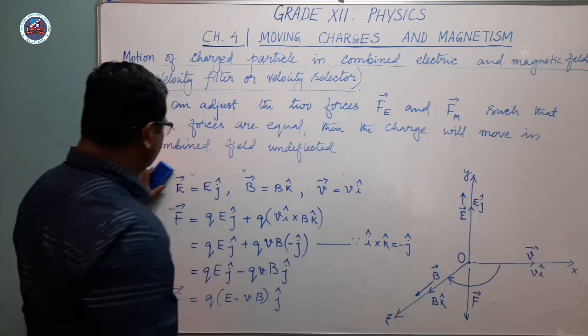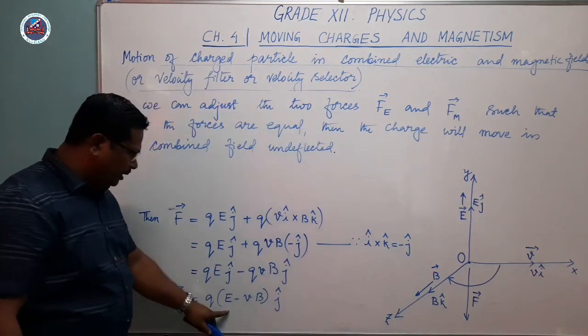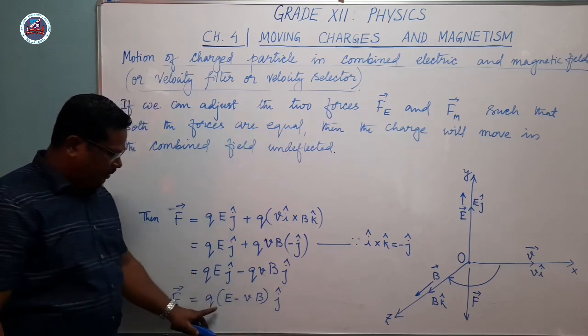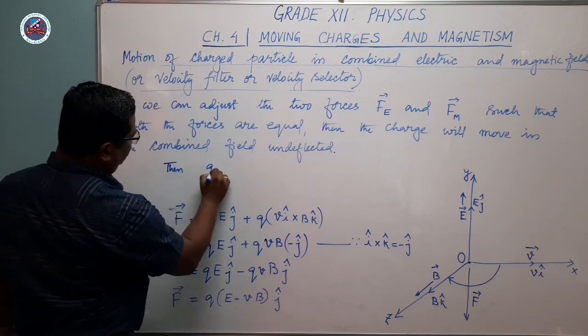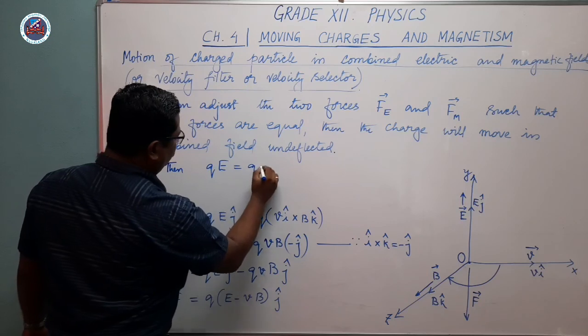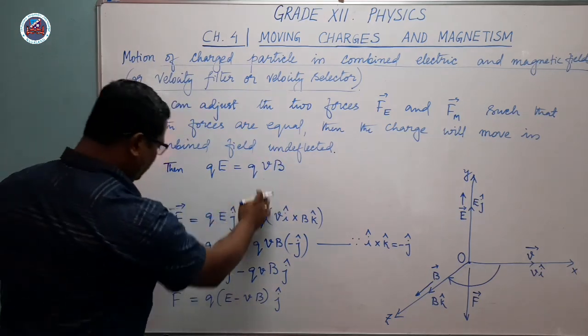So in such a case, if both the forces are equal, then QE must be equal to QVB. This is your electrical force and this is your magnetic force.